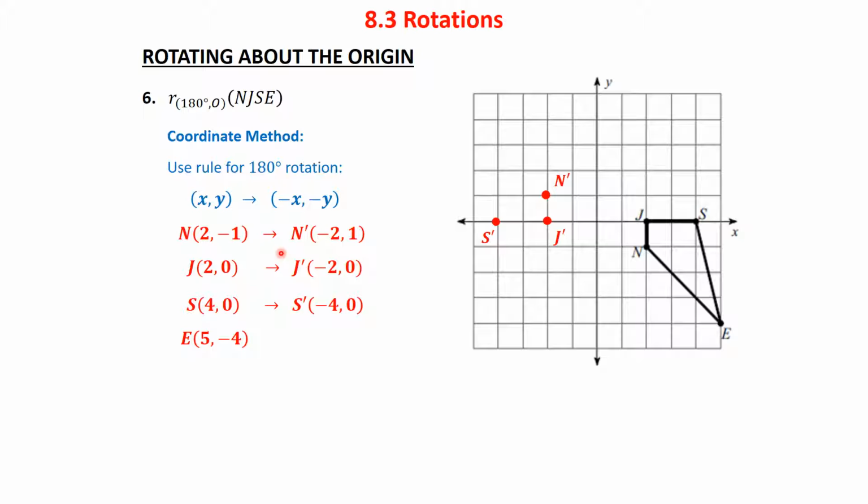And my final point E, which exists at 5, -4, I multiply everything by -1, and I get -5, 4 up top over here in the second quadrant. And so I connect all my lines, and I get almost the same looking shape. In fact, it is the same shape, it's the same size, it's just now in its new position, rotated 180 degrees counterclockwise. So going from here all the way up to here.